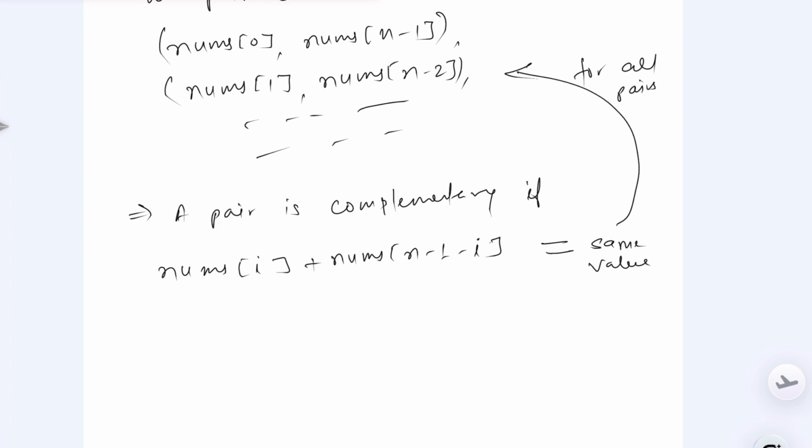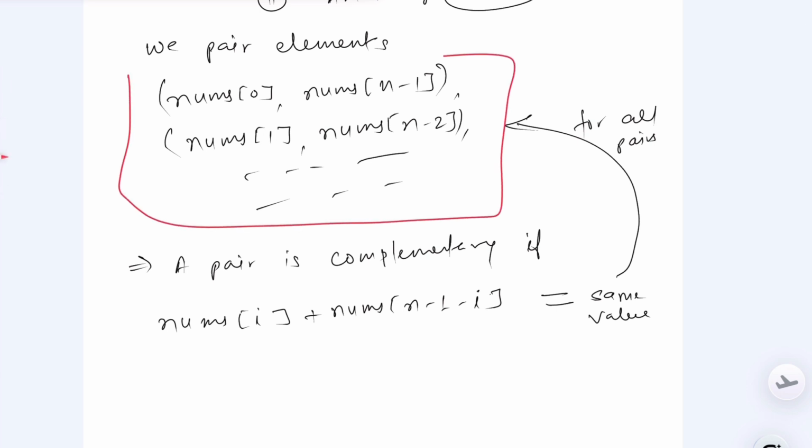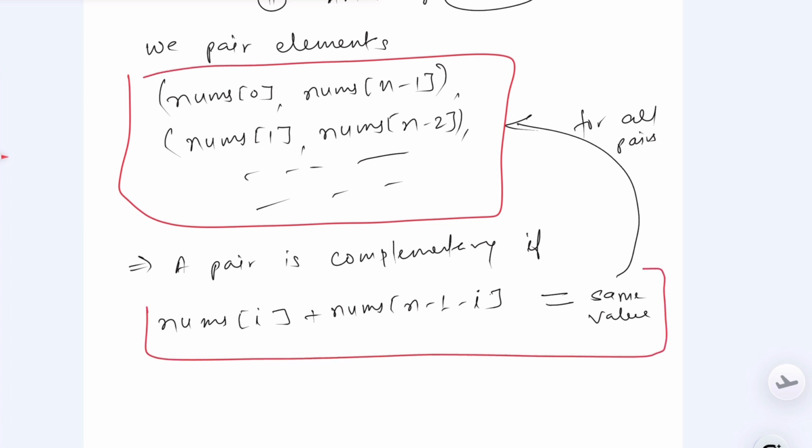We know these are our pairs, and if nums at i plus nums at n minus 1 minus i equals the same value, then you can change any number to any value between 1 and the limit.